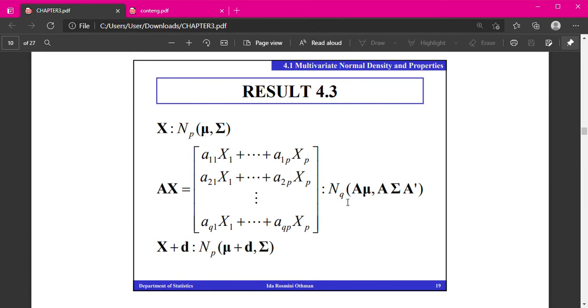Tapi untuk AX, it will be the NQ. No, it should be NP juga kat sini. Oh, sorry. Betul, NQ. Sebab kita ada beberapa linear combination here.